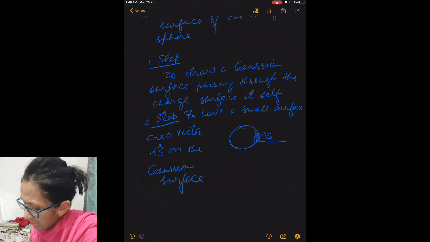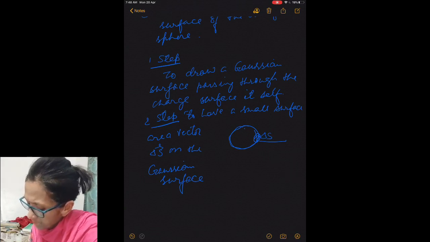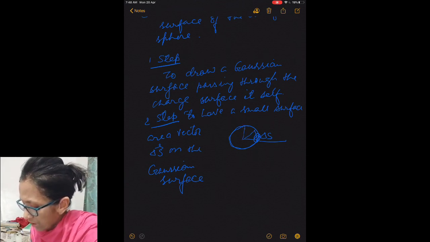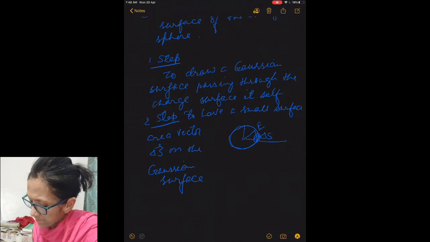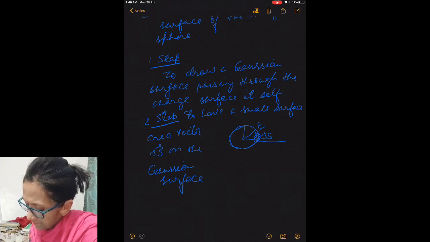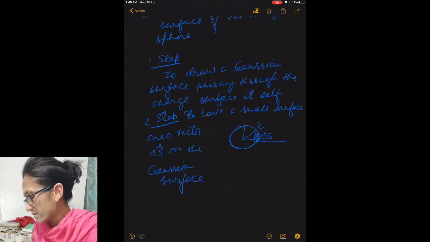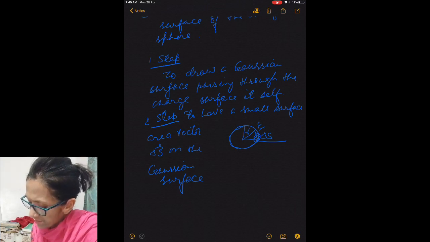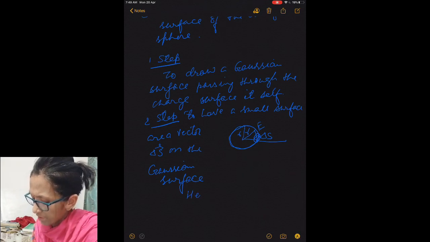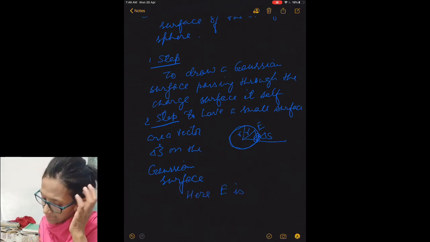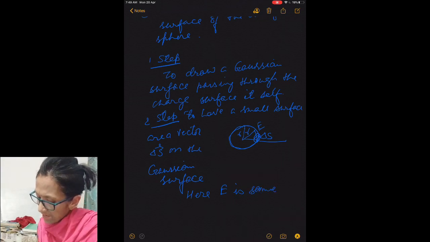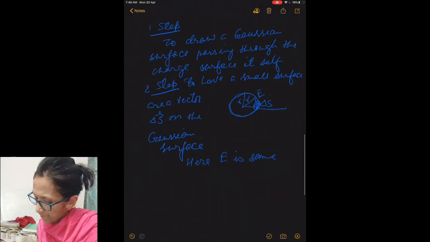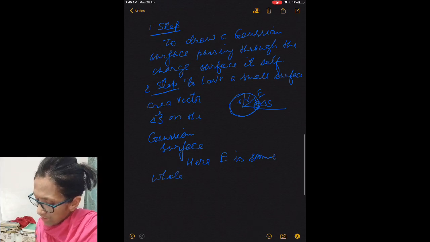Here is your del S, and since the electric field at all the points on the surface is the same, that is E, because it is at the same distance from the center, which we have already taken as small r, the electric field will be the same on the whole surface.